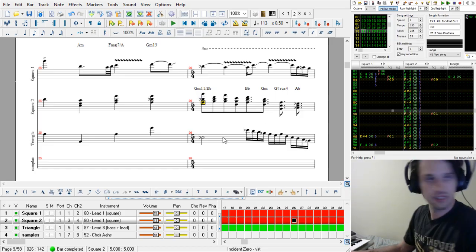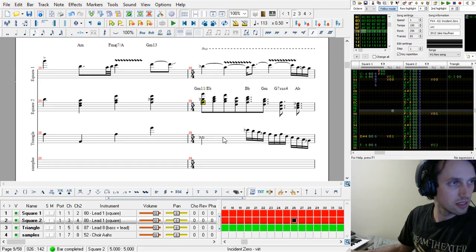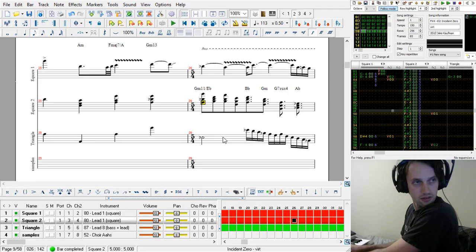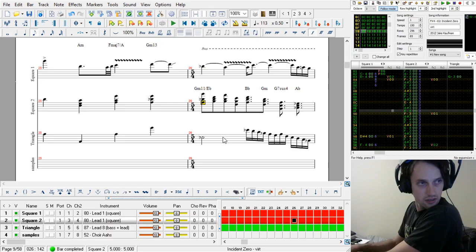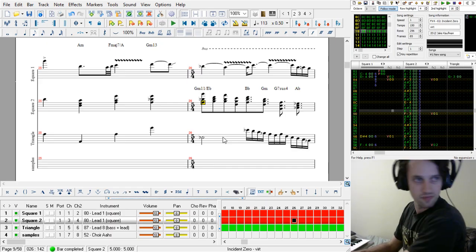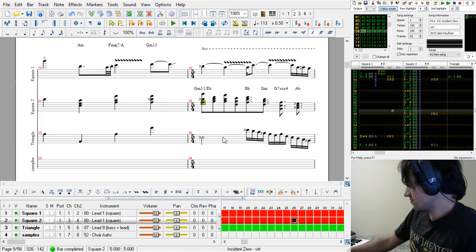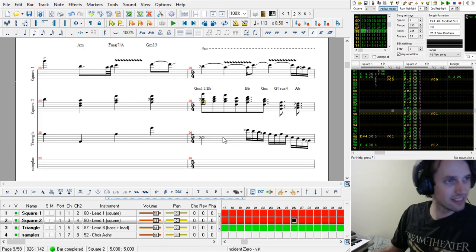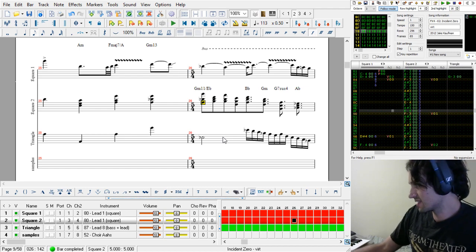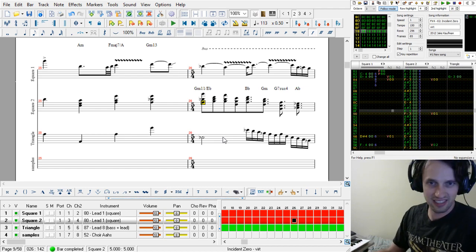What is this? That's really clever. Some kind of like the A flat major to A minor. That's very sinister, actually.